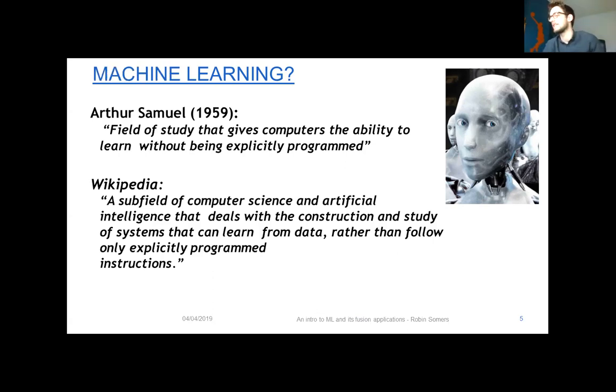As a little example of machine learning or AI, you can see here the robot Sonny from iRobot. For those of you who know the movie, I can only recommend it. Already from 2004, so quite old. And this is also something that should be noted here, right? Arthur Samuel said this in 1959. You can wonder, this is now 60 years ago, so why are we only recently hearing about this huge development in machine learning?